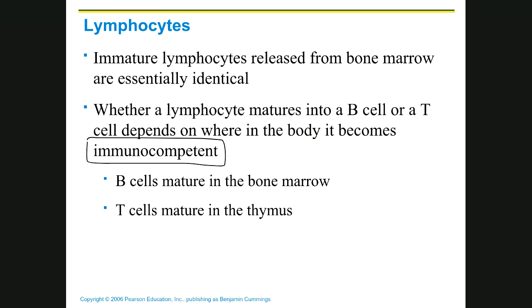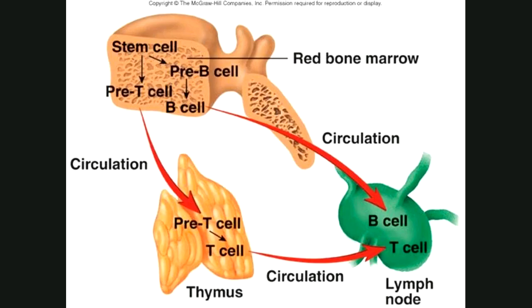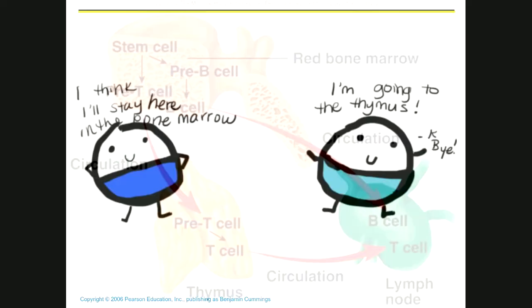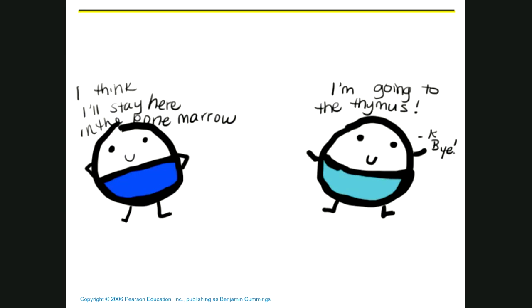And so immunocompetent cells are the ones that are out here. Remember, it happens in different places. B cells are going to stay in the bone marrow, and that's where they're going to become immunocompetent. T cells are going to go to the thymus, and that's where they're going to become competent.